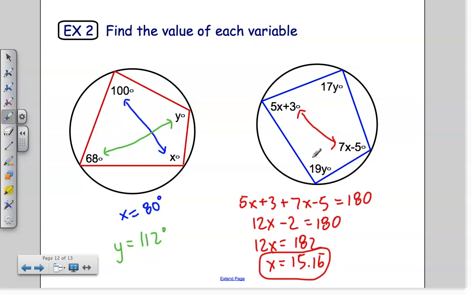And what about for y? I know in a quadrilateral inscribed in a circle, the opposite angles have to be supplementary. So these two would have to add up to 180. Again, because they're inscribed, they're half of their arcs, and the full arcs of both would be the whole circle, so half of 360. So 19y plus 17y would have to equal 180.